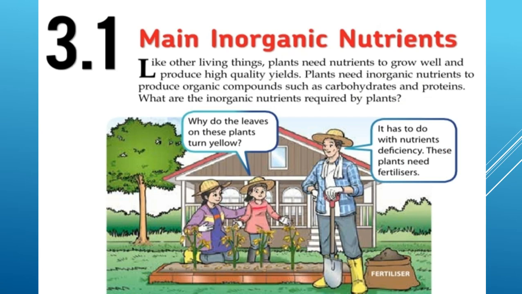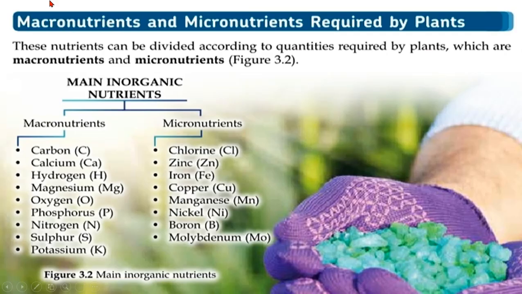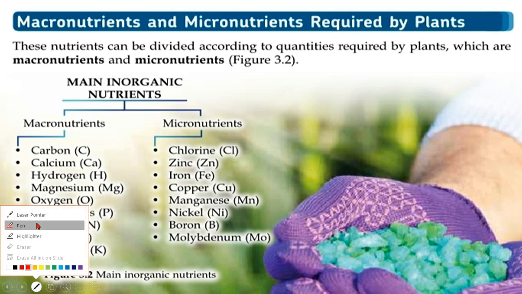So what are the main inorganic nutrients in plants? We have macronutrients and micronutrients that are required by plants. These nutrients can be divided according to the quantities needed by the plant.